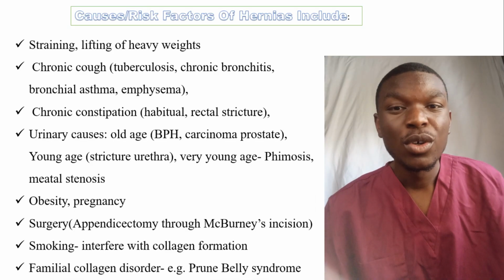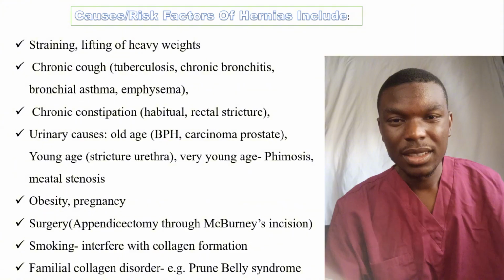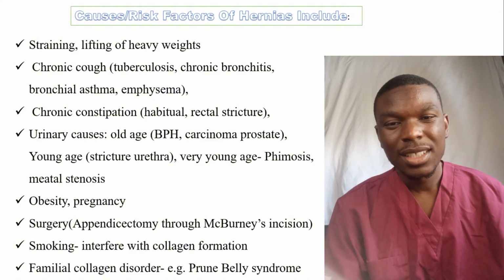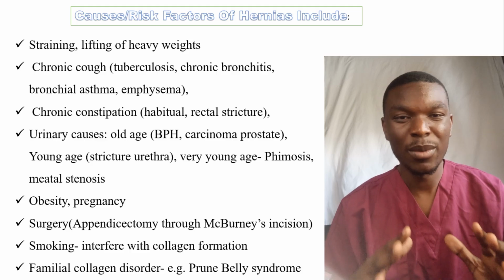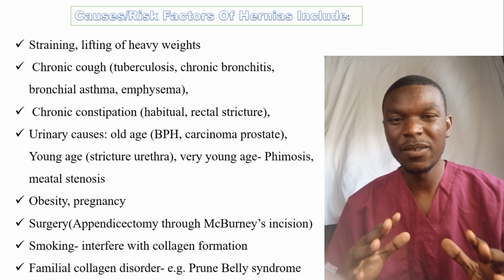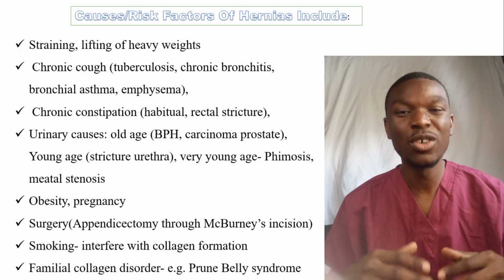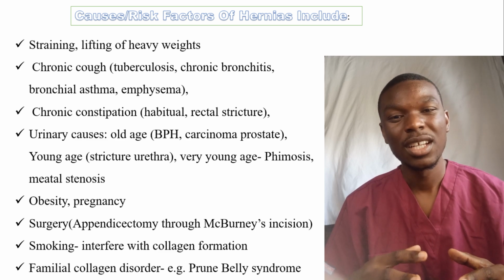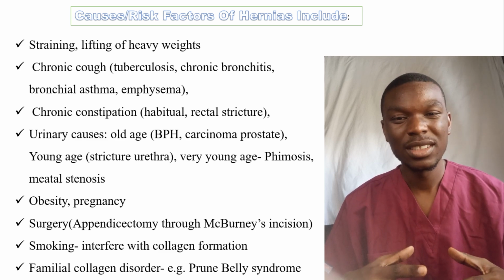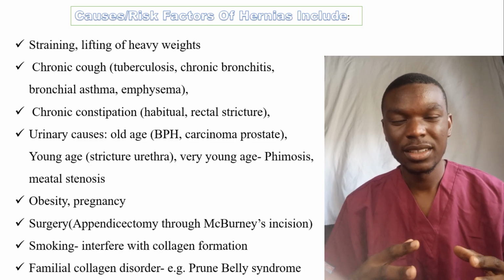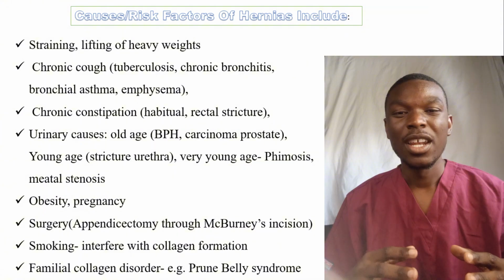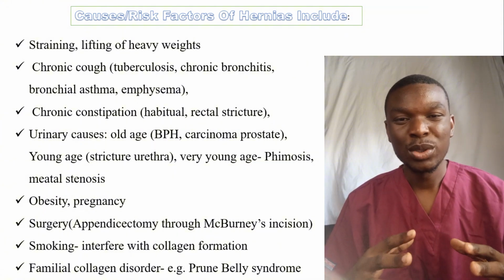So we move on to causes or risk factors of hernias. So let's discuss a bit on how these hernias come about. So we have already defined that these are just protrusion of internal organs, especially abdominal organs, through an opening or weakness. Now, what causes this protrusion?